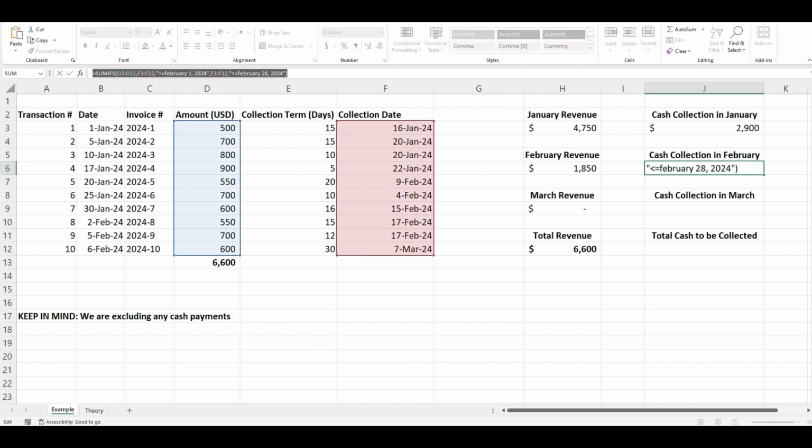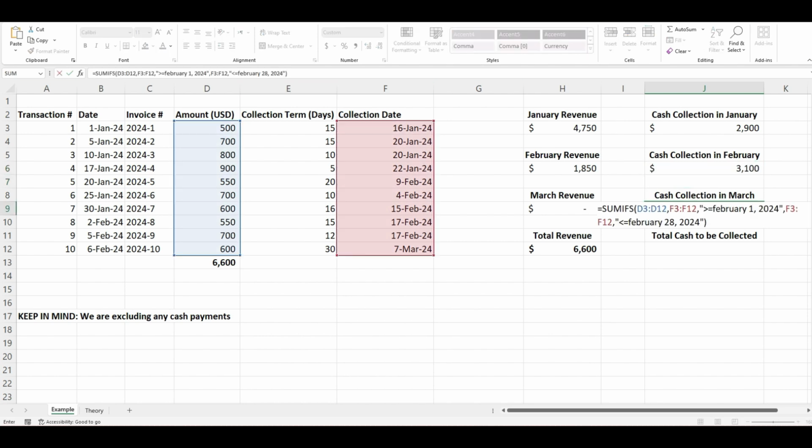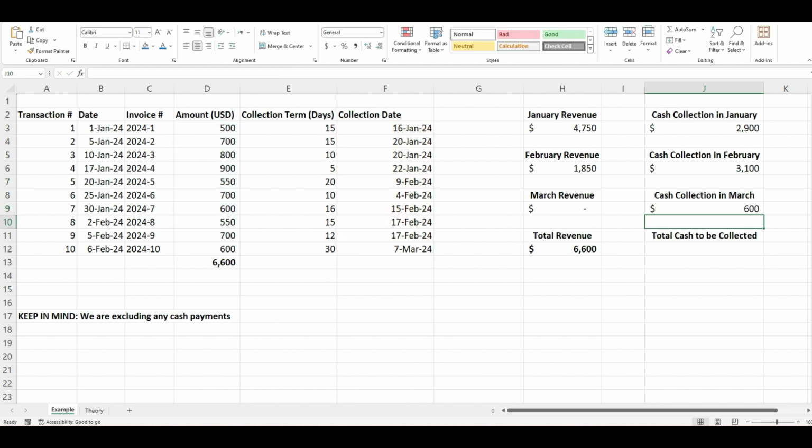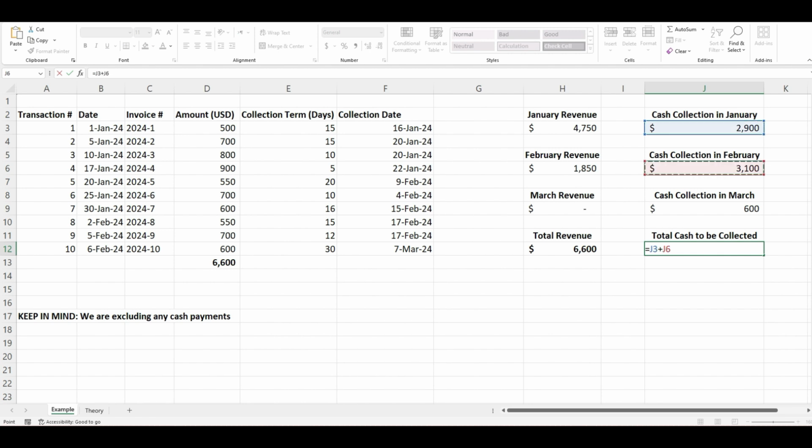Same goes to March. Let's edit it manually. March 1st, March 31st, and now we do the total. So this will be the sum of all three. I missed one again. There you go.